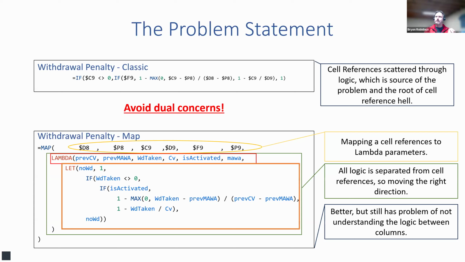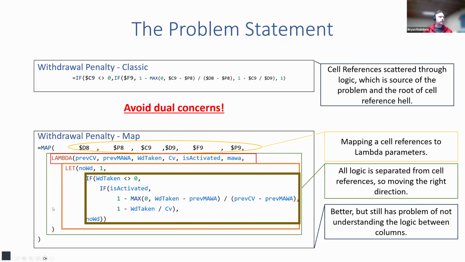But now you can name that logic and reuse that logic within the cell itself. And that's what the let lets you do. So you can see here with the let, it just says, I define a variable called no withdrawal, and that no withdrawal is equal to 1. And then the let will do this calculation. It will do this if condition and decide how to penalize the withdrawal.